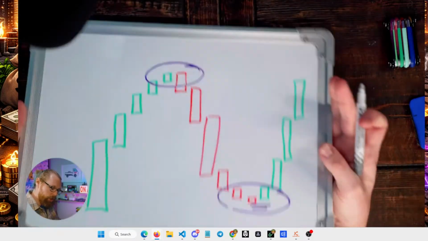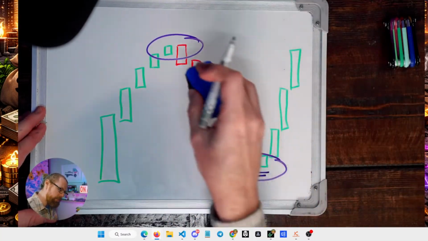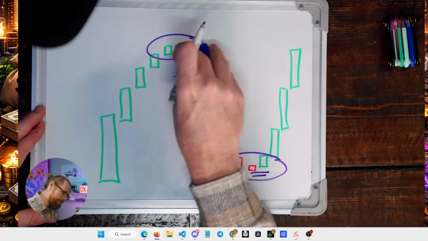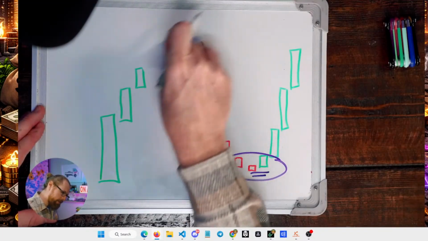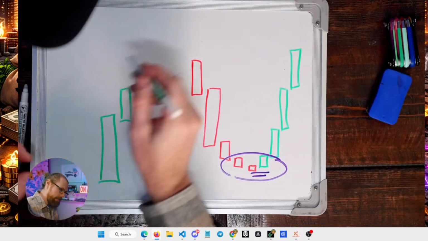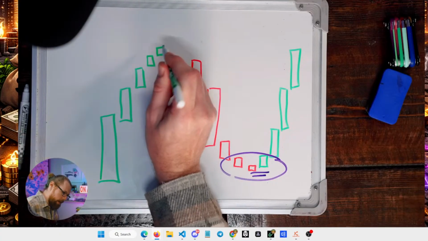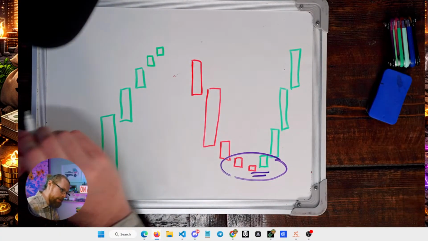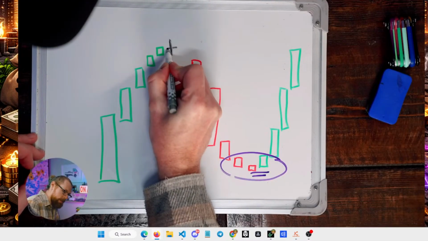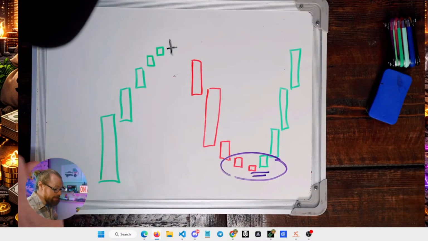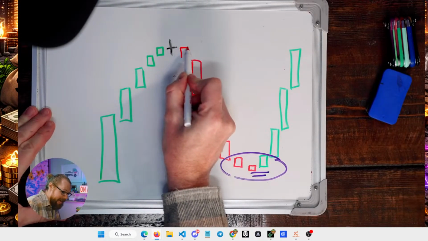Now, if you're looking at a chart that looked like this, imagine, let's just say, for instance, that up here at the top, we'll just get rid of this for a second. We'll just redraw these top 2 or 3 candles. So let's just imagine it kind of looks like this. Gets a little smaller, and then right here at the top, you have a candle of indecision, a doji. Once you understand what's happening there, it doesn't get much clearer than that.